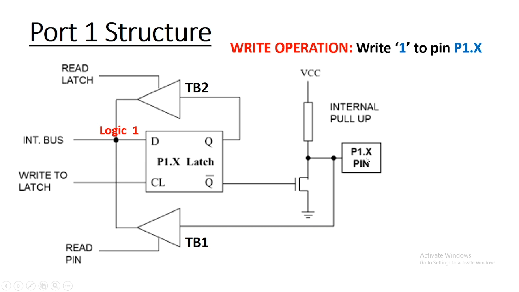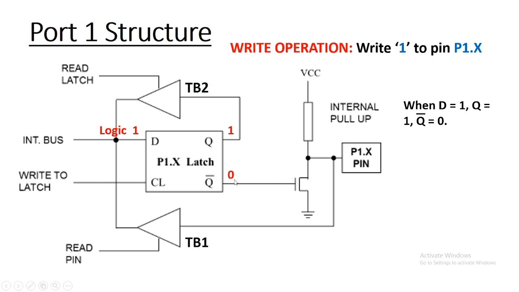There are instructions in 8051 which are used to access the data present on the pin and the output of the latch. When we give logic 1, let's say to the D input, the output Q is 1 and Q bar is 0.